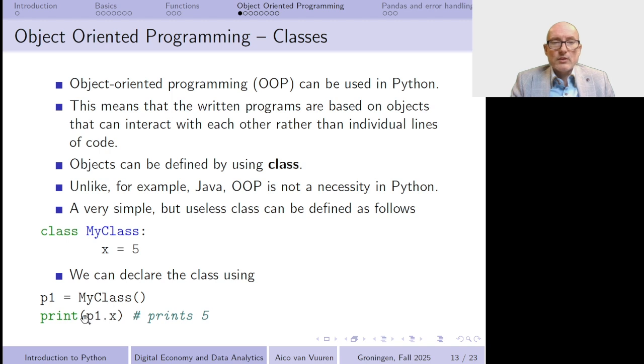Then the question arises, what can we do with respect to this class? Not that much, but we can of course print its x, and that we do by printing p1 and then this dot. We have already seen dots a couple of times before, for example when we were using NumPy and linear algebra, linalg.